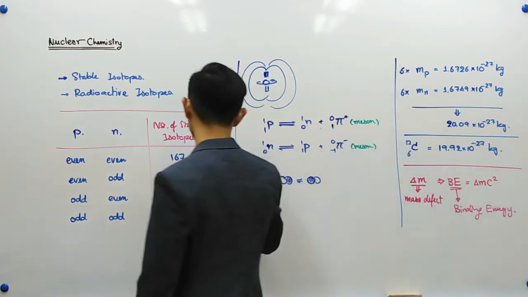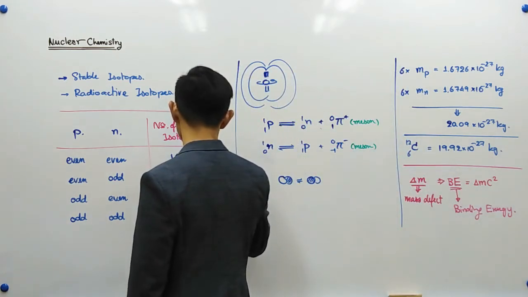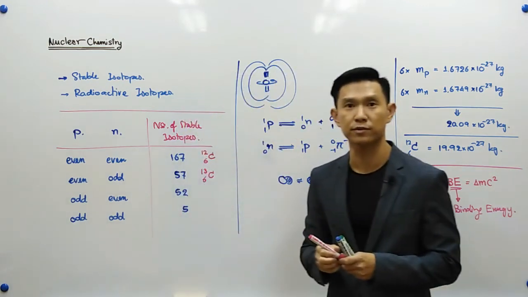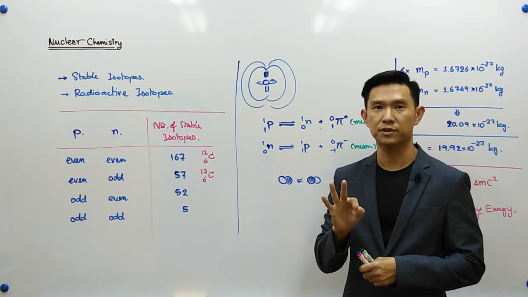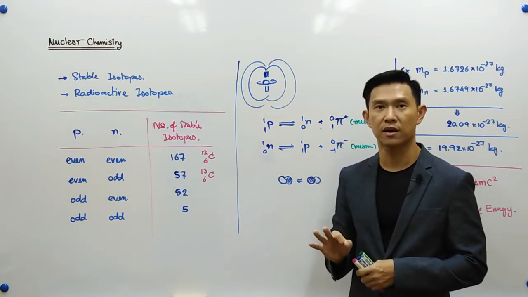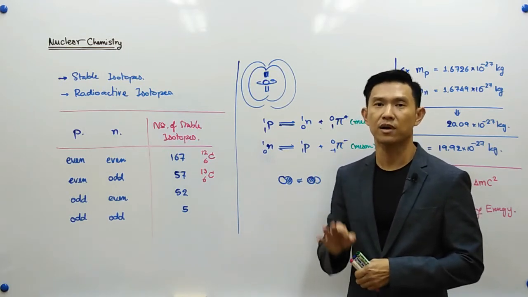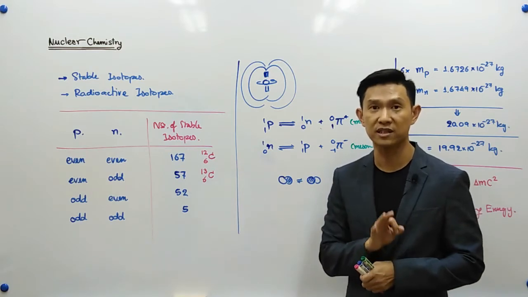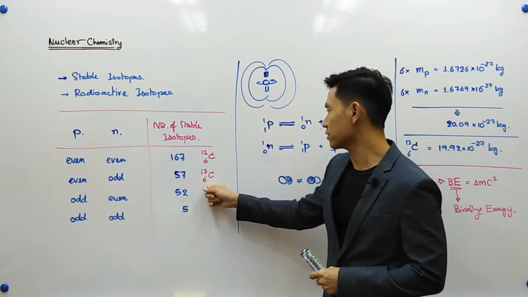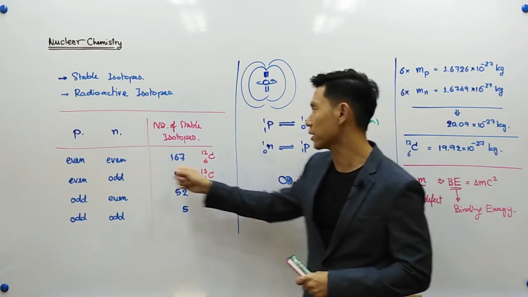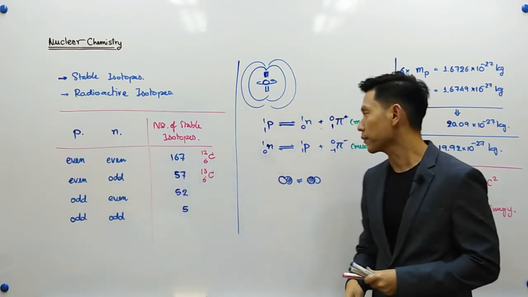And carbon 13 is a stable isotope as well. Carbon has 3 major isotopes, 12, 13, and 14. Carbon 13 is stable, carbon 12 is stable, carbon 14 is not stable. So this stable isotope is composed of 6 protons and 7 neutrons, so the number of neutrons is odd.